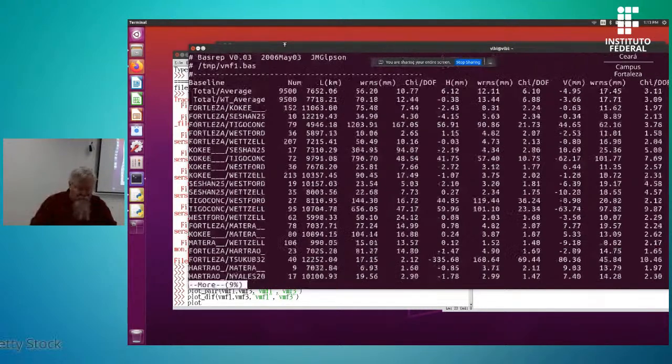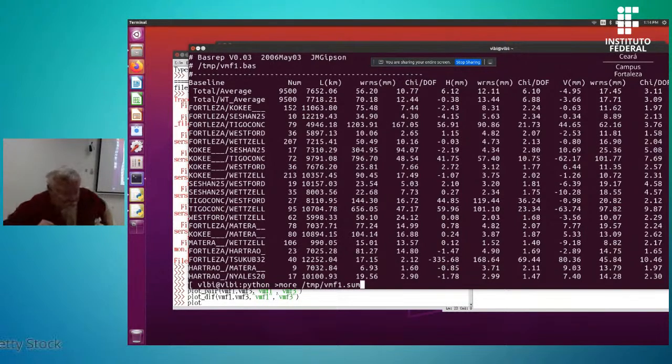This is just looking at this file here, and I want to look at the column that says RMS to see if there are any outliers. What is the command? More, M-O-R-E, /temp/BMF1.sum.